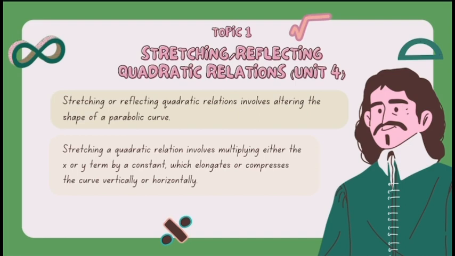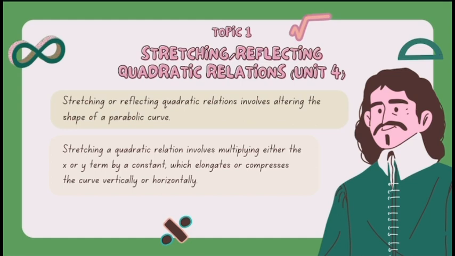So now let's move on to our first topic. So the topic is stretching and reflecting on quadratic relations. So stretching or reflecting on quadratic relations involves altering the shape of a parabolic curve. Stretching a quadratic relation involves multiplying either the x or y term by a constant which elongates or compresses the curve vertically or horizontally.